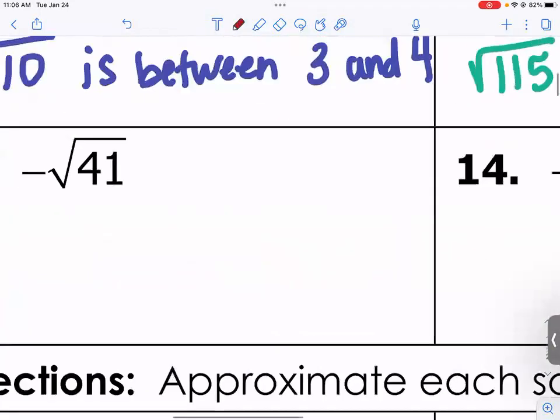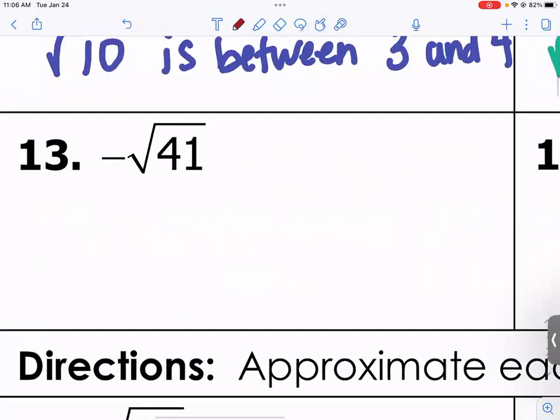Now let's talk about this negative one. 6 and 7. Is a negative really gonna affect our process? Okay. Let's talk about 41.